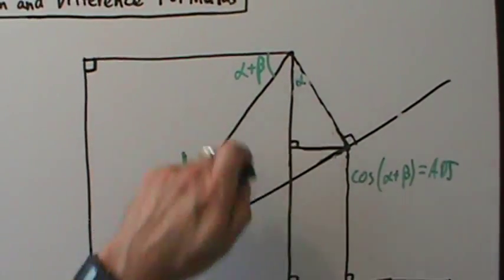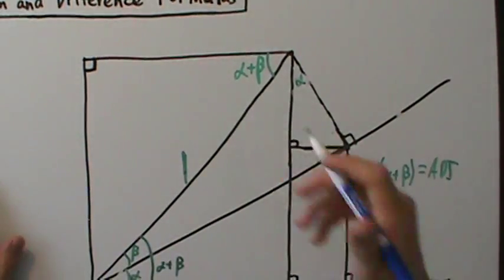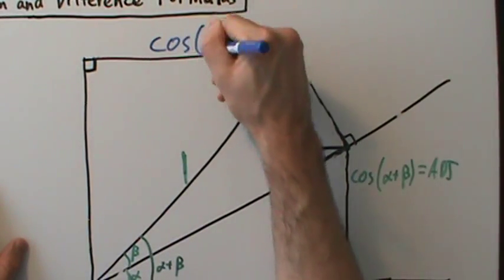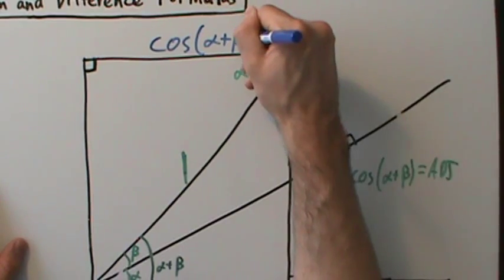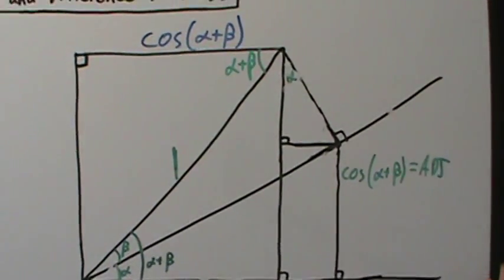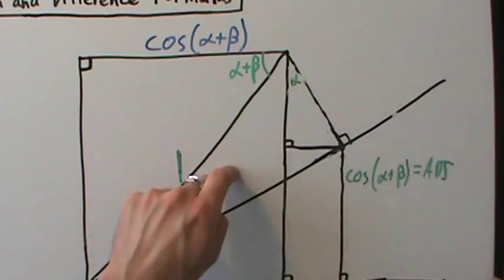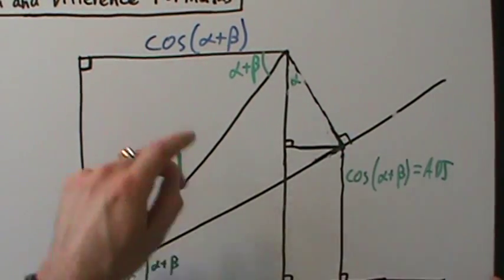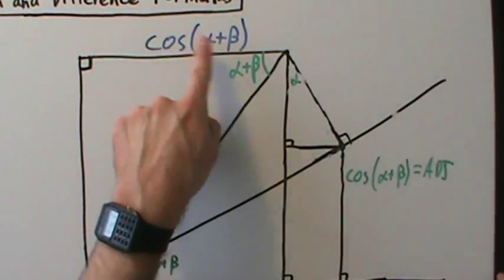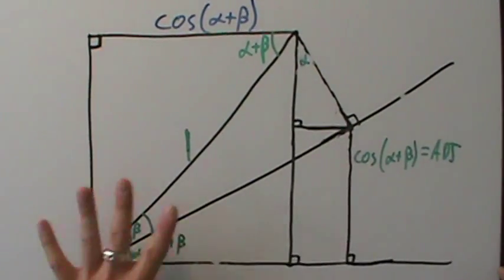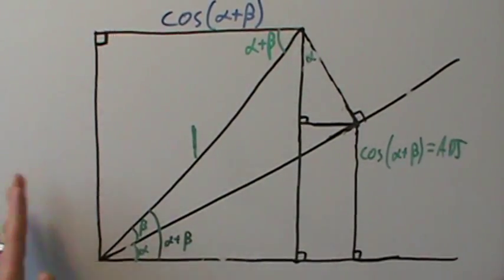So here's our angle alpha plus beta. The adjacent side exactly equals cosine of alpha plus beta. Again, cosine of alpha plus beta is adjacent divided by hypotenuse, but the hypotenuse is just 1, so the cosine of alpha plus beta equals the adjacent side. For the exact same reason, the opposite side is the sine of alpha plus beta.